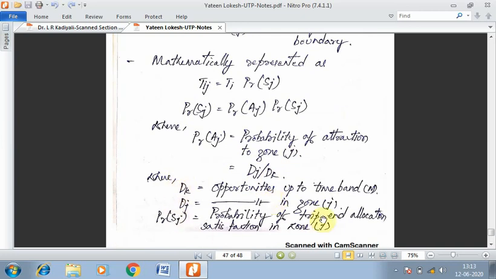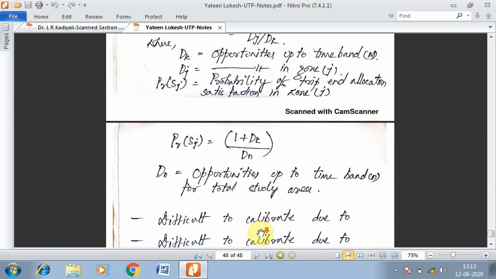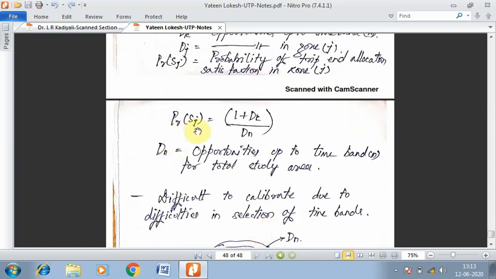Now these are the notations which you need to remember. Again, it's similar to the intervening opportunity model, and this PRSj is the ratio of these two factors, where you have the factor Dn, which is the opportunities of the time bound, represented in terms of n for the total study area.